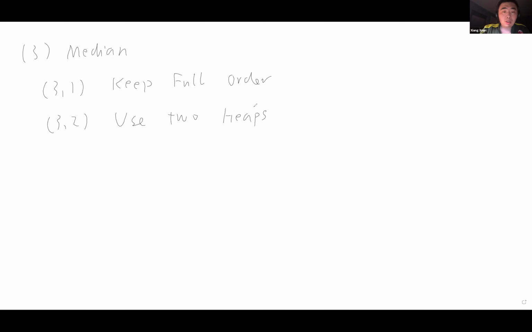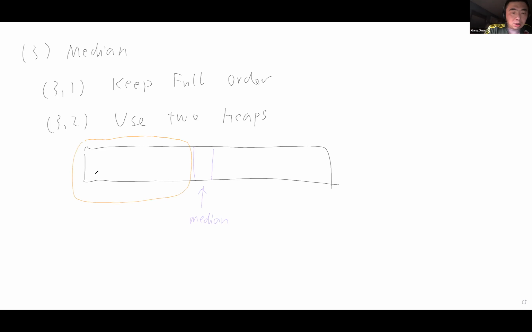So I'm going to show you here. Let's think about this sub collection and what the median is. Suppose this one is in order, then the median is the middle element, right? This is the median, and this is the left part.